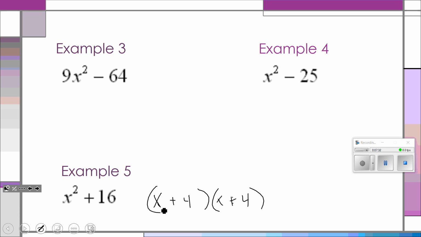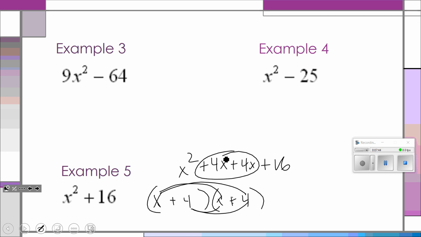But if you fold this back together, that would be x squared, this would be 4x, this would be 4x. What's the issue? Those don't cancel. You're looking for a difference of two squares, two that cancel in the middle, and that doesn't work. Does everybody understand that? You can flip the signs around, you could do two negatives, and you're going to get negative 8x in the middle.